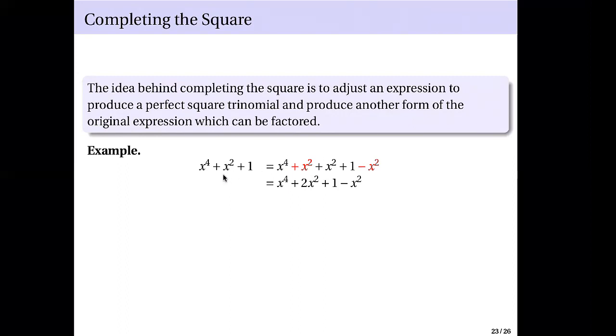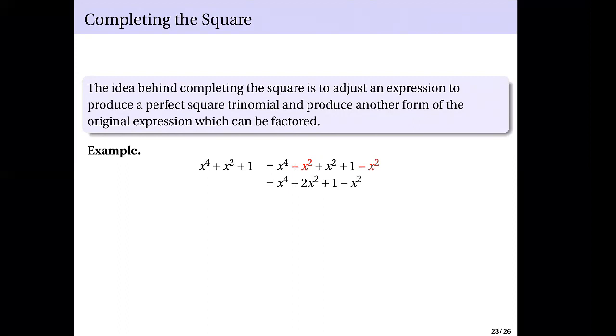Do you mean what you have inside this expression, x to the 4 plus x squared plus 1? No, it doesn't have to be something in this expression. You can add or subtract any expression. For example, you can add x to the 5 and subtract x to the 5.